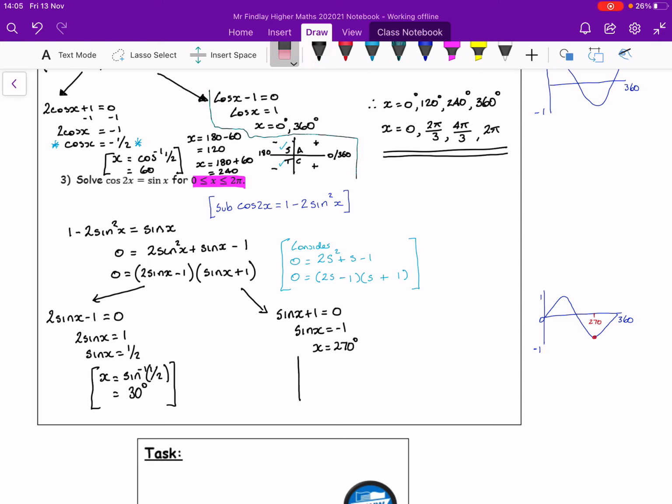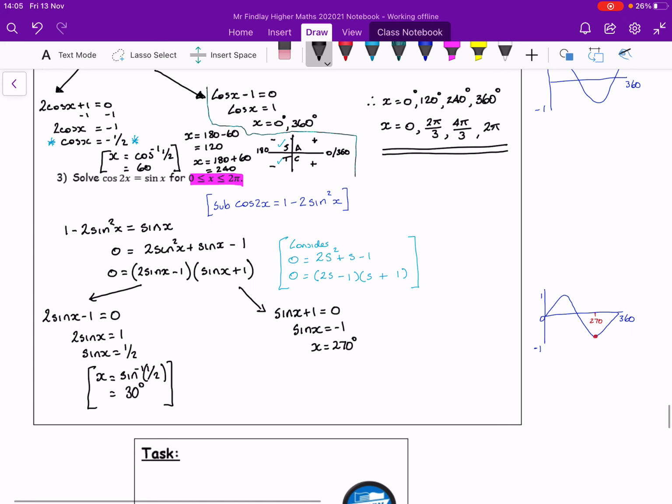CAST diagram dictates where my solutions lie, and again my key point is here, which gives me the sine value: A is positive and S is positive, and the quadrants with T and C are negative, and I'm looking at a positive value, so I've got two solutions in here.